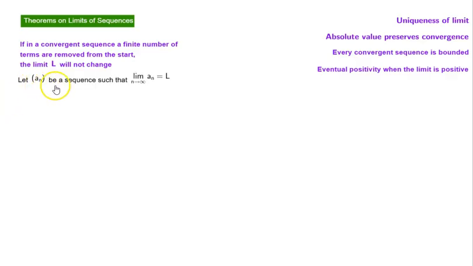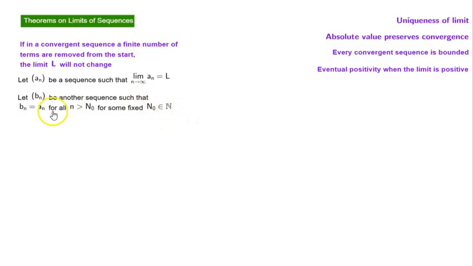So let A sub n be a sequence such that the limit as n goes to infinity of A sub n is equal to L. Let B sub n be another sequence such that B sub n is equal to A sub n for all n greater than n naught, for some fixed n naught in natural numbers.